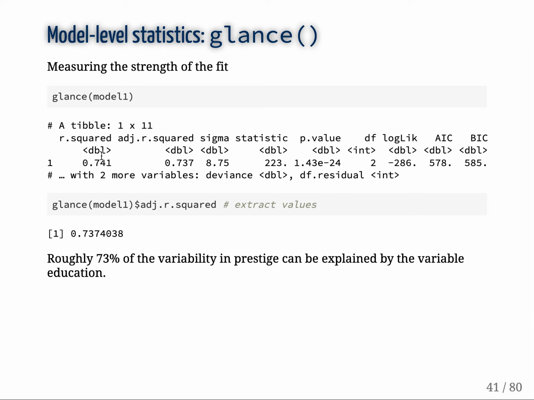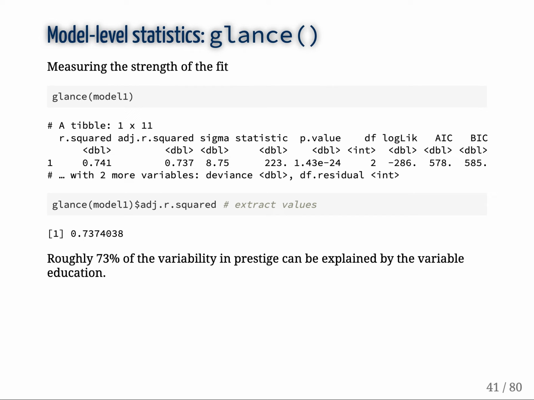You can see R squared value, adjusted R squared value, F statistic, Akaike information criterion, BIC, log likelihood, those things.